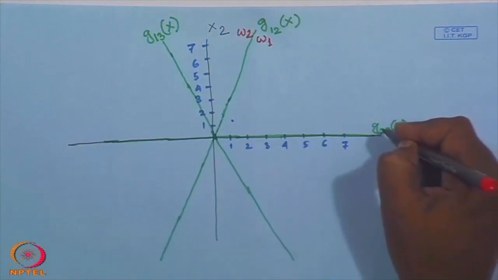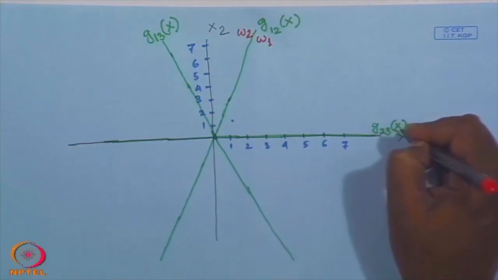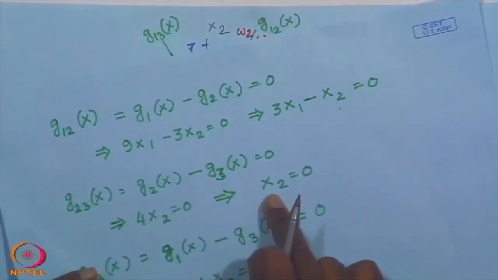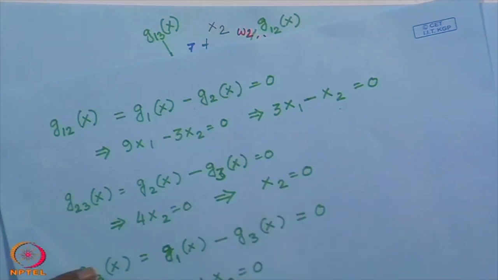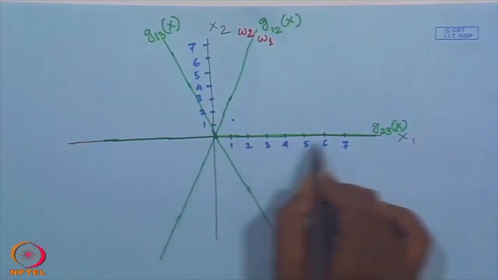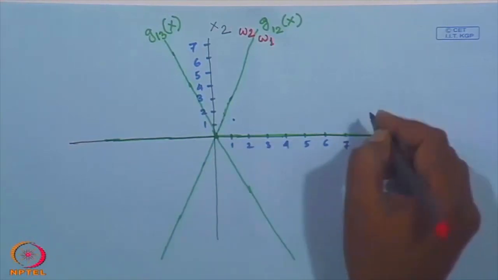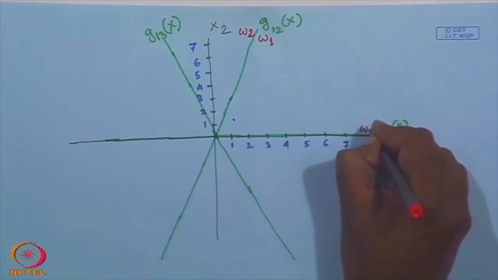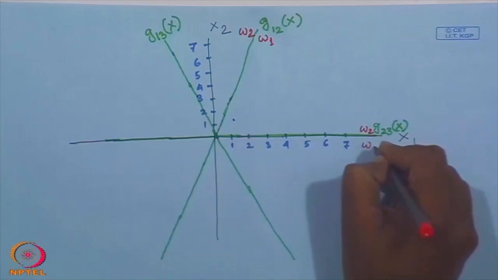Similarly, when I consider this g 2 3 x, as g 2 3 x is nothing but x 2, whenever x 2 is positive, that side belongs to omega 2. Whenever x 2 is negative, that side belongs to omega 3. So, considering this decision boundary, this side belongs to omega 2, this side belongs to omega 3.